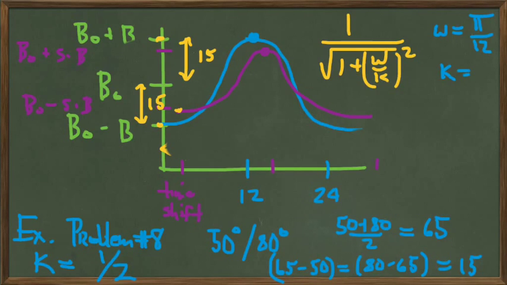In our case, k is a half, so omega over k is pi over 6, so the scaling factor will be 1 over the square root of 1 plus pi over 6 quantity squared, and that turns out to be about 0.886.